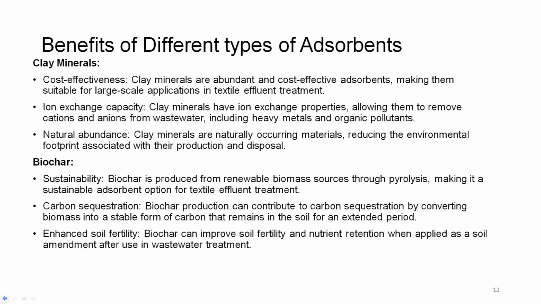Enhanced soil fertility. Biochar can improve soil fertility and nutrient retention when applied as a soil amendment after use in wastewater treatment. So, biochar has a dual role to play. One, it is removing the pollutants from the textile effluent, and further on it can be used for soil amendment.